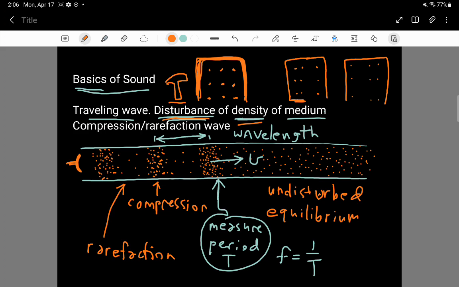And that's how the wave gets moved along: the medium is trying to restore itself to what its equilibrium look is. Okay, so this is a disturbance of the density of our medium. And so what sound waves are is a bunch of compressions and rarefactions that travel along as a wave.